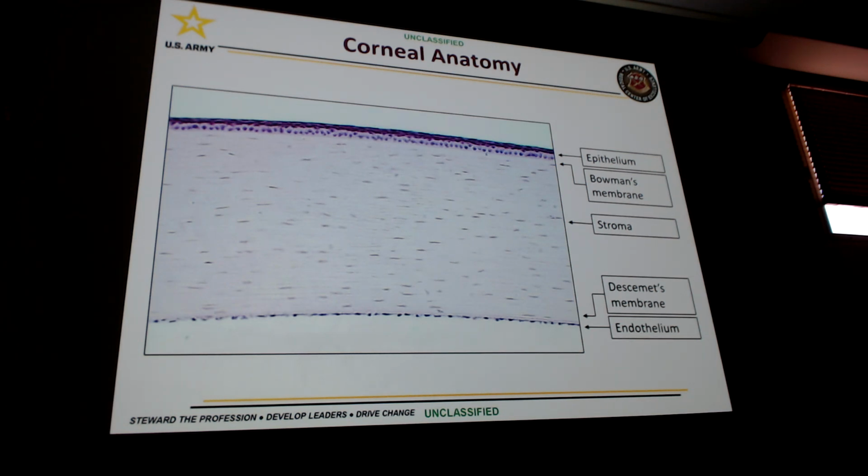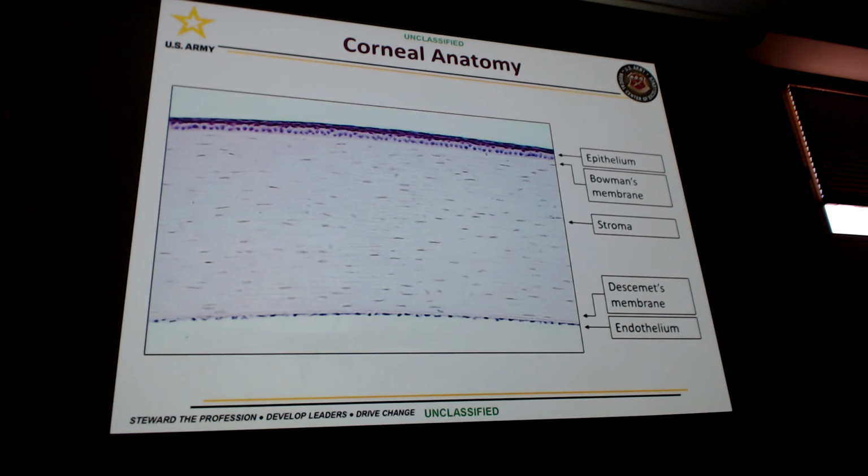And then the endothelium is an important layer of cells. It's just a single cell layer thick. Those cells act as pumps and they keep the cornea clear. The cornea is clear because number one, it doesn't have any vascularization to it. But number two, it's hydrated to a very specific level of hydration. It's about 75, 77% hydrated.